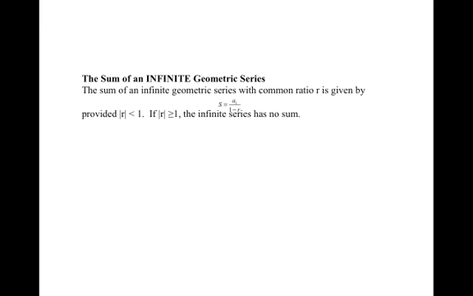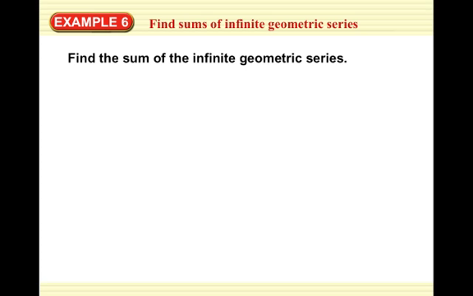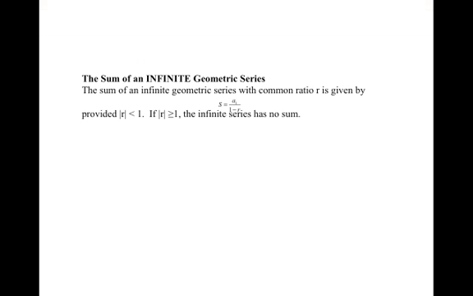If the common ratio has an absolute value greater than or equal to 1, the infinite series has no sum, because each new term adds too much value. When the absolute value of r is less than 1, each additional term just gets it closer and closer to the total it's approaching. And it's real easy to work with. It's just a1 over 1 minus r.